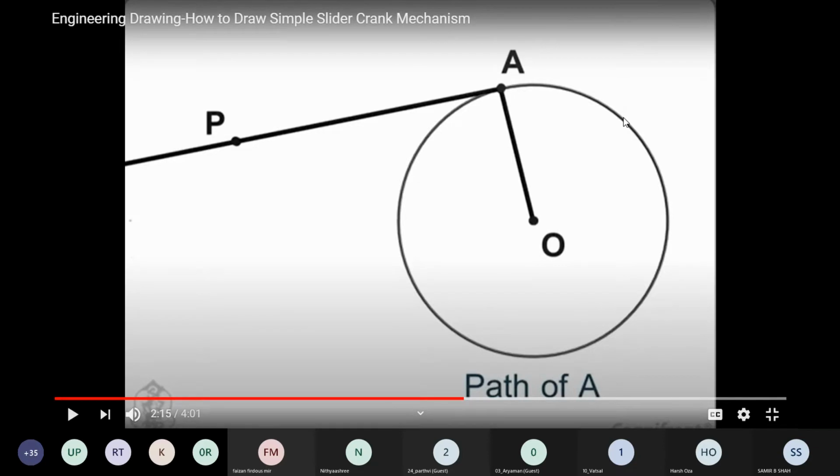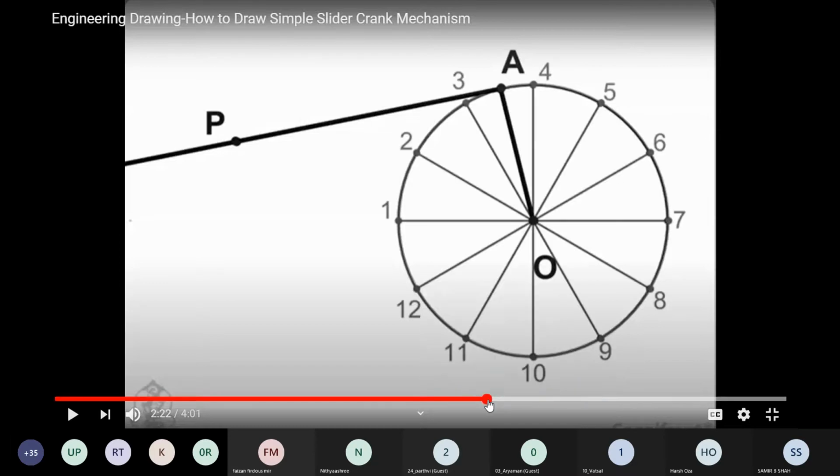Either you may use the 30-degree, 60-degree set square, or you may use the protractor, or the angle measurement, to get the exact dimension. Okay, so in this way we are getting 1 2 3 4 5 6 7 8 9 10 11 12.